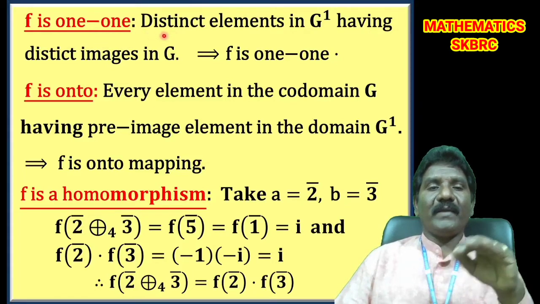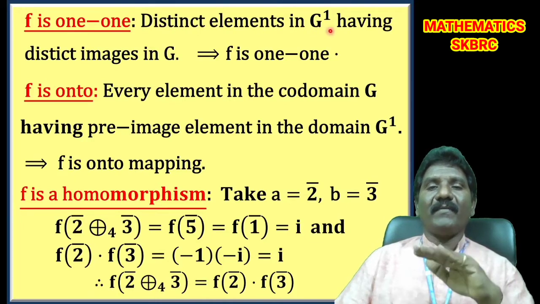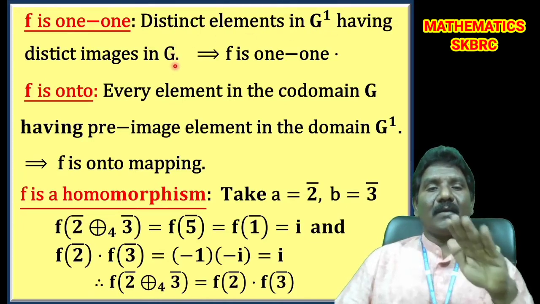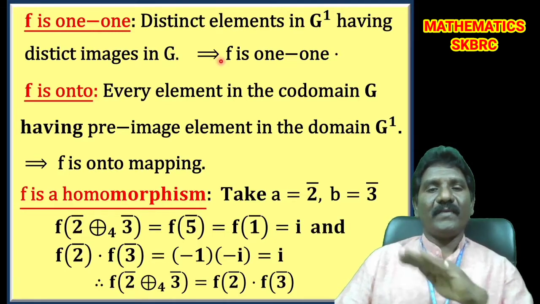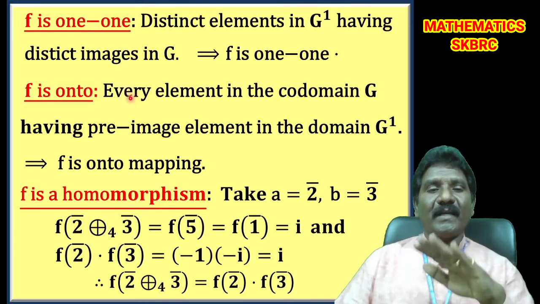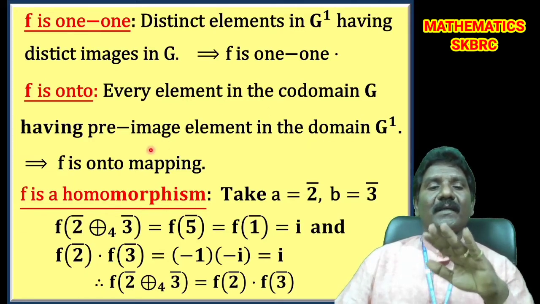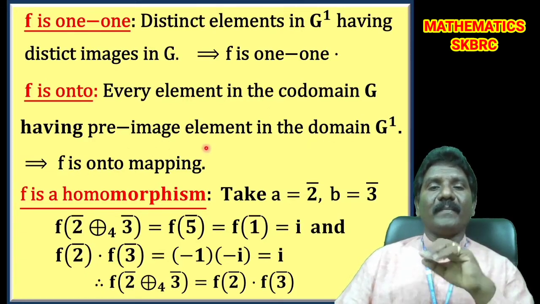From the diagram, we observed that distinct elements in the domain G dash have distinct images in the codomain G, clearly F is 1-1. Second one, F is an onto mapping. From the diagram, we also observed that every element in the codomain G has a pre-image in the domain G dash, clearly F is an onto mapping.